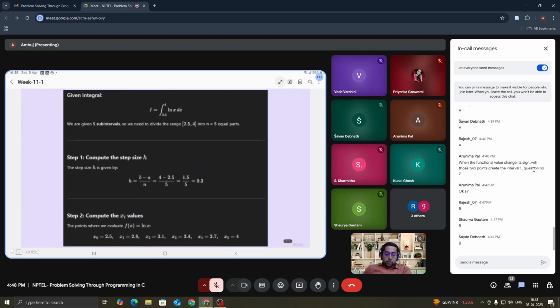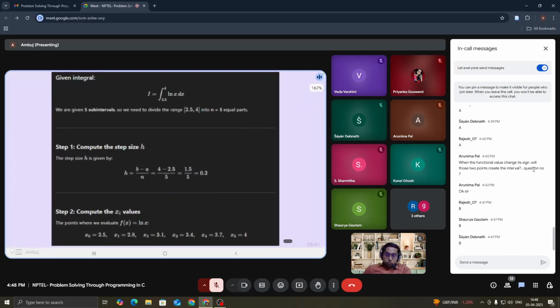Very nice. The given integral is 2.5 to 4, the definite integral of ln x dx within 5 subintervals, that is between 2.5 to 4 there will be 5 equal parts. Calculating the step size h, which is (b minus a) by n. If the number of subintervals is given, then you always have to calculate the step size using this formula, (b minus a) by n.